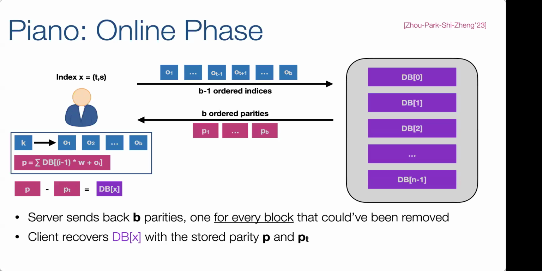And then it assumes we removed the second and sends back the parities for the remaining, and so on. And it sends back B ordered parities. And we just pick out the parity that corresponds to the correct guess, right? So the one where X really was removed. And then we can just subtract off the parity that we were storing and get back exactly the database element that we're interested in. Okay, that's how Piano works at a very high level for a single query.